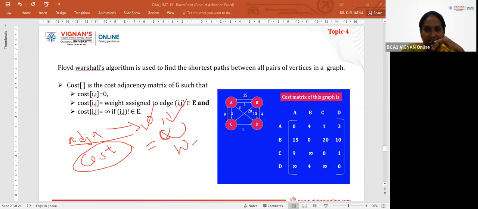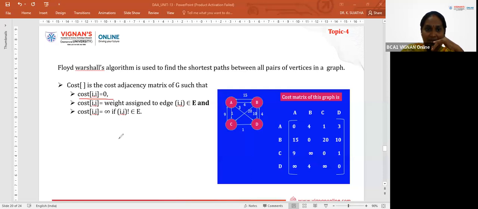If there is an edge from i to j, then its value is represented with the weight assigned to that edge. And if the two nodes are the same, i to i, the cost of i to i, j to j can be represented as 0. The three entries are 0, w_ij, and infinity. So here you can see the cost of (i, i) is 0. The cost of (i, j) is equal to the weight assigned to the edge ij if it is present. If it is not present, then its value becomes infinity.